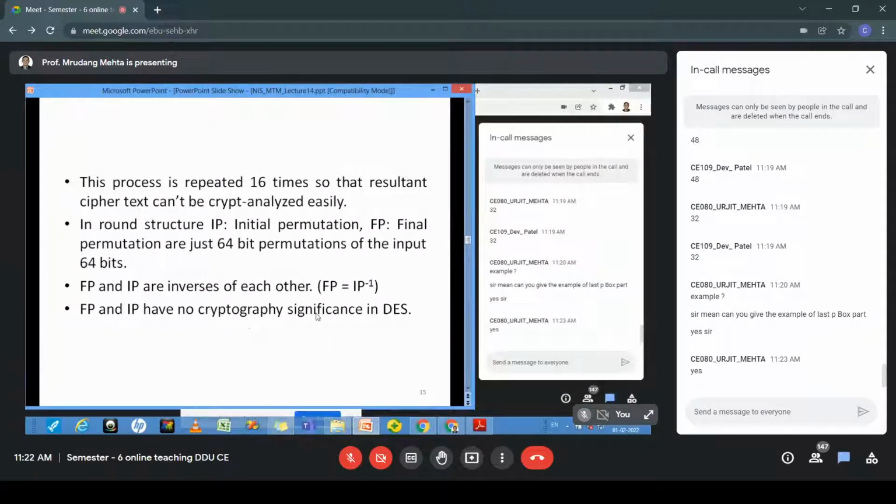It only delays the computation, but it will not be impossible to decrypt because we have done permutation. Okay, so in those days, a time consuming task was actually adding value to cryptography, but nowadays this has no cryptographic significance. But we have to understand it because it is part of DES.